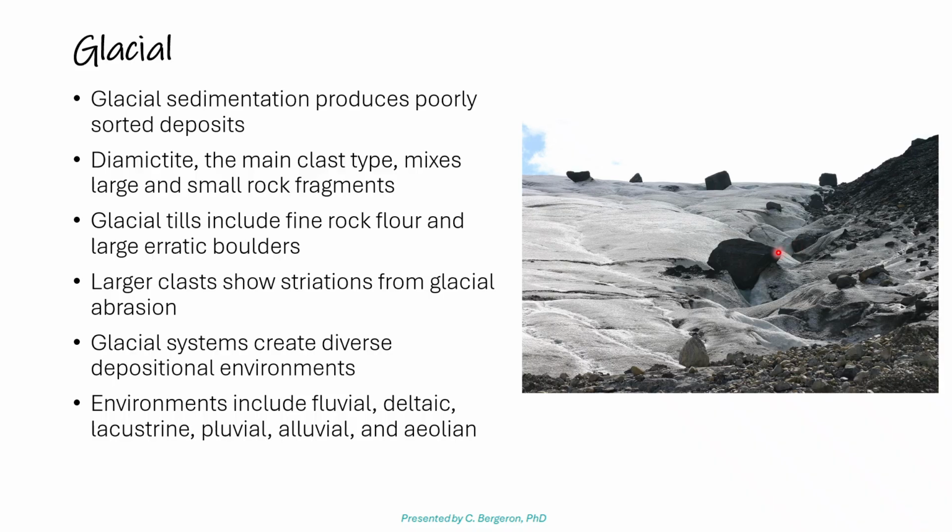So ultimately, when this glacier retreats, it's going to leave behind sediments that are very widely mixed. You're going to have poorly sorted angular sediment as well as very fine pulverized rock flour, and everything in between.